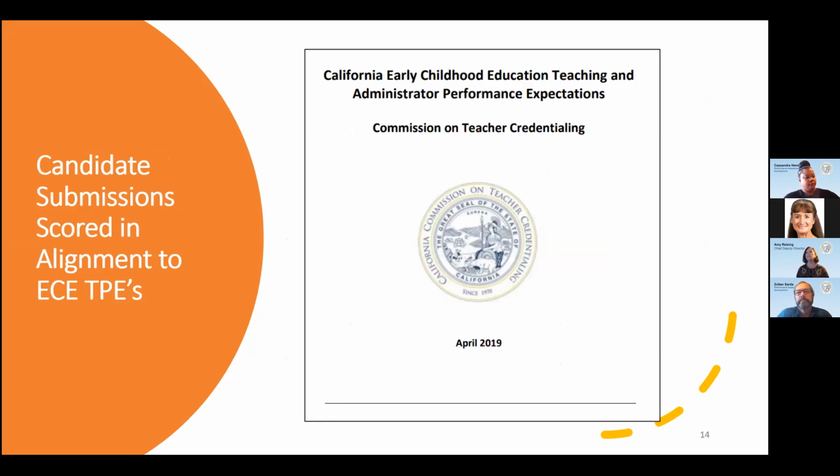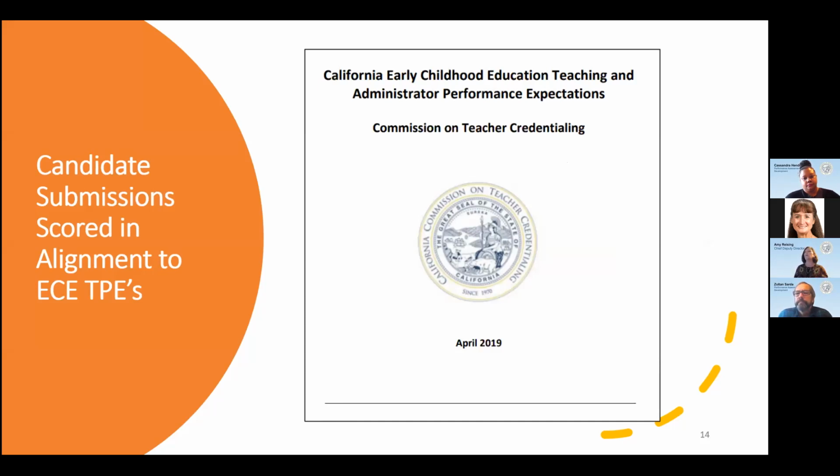So we have our California Early Childhood Education, Teaching, and Administrator Performance Expectations. So those are those TPEs. When you see that TPE notation, that stands for Teaching Performance Expectations. And again, these are statements that are aligned to national research, of course, and also our California Department set of expectations in those volumes and frameworks we just visited, and in the kindergarten standards.